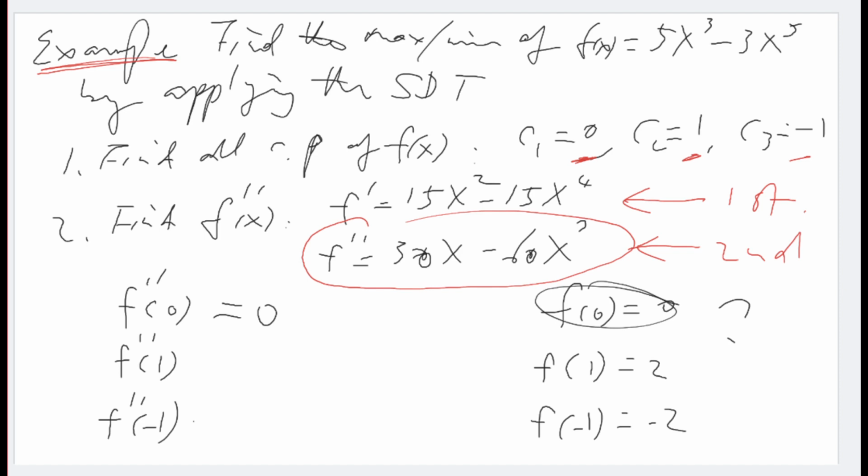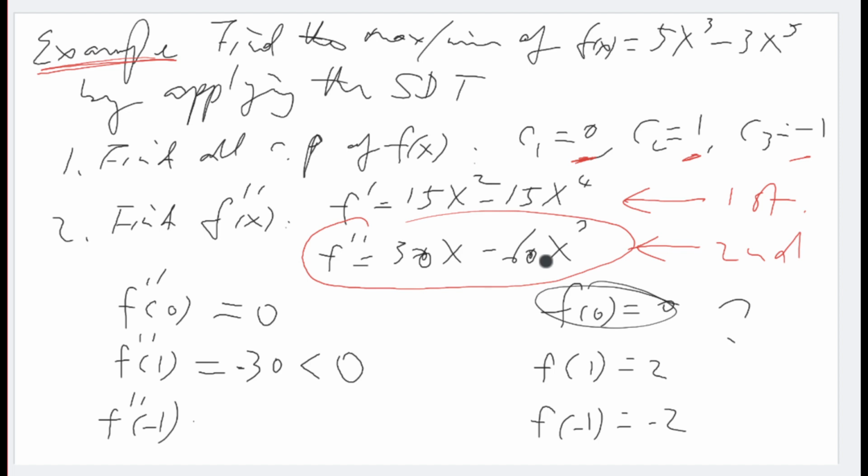Let's see at 1. At 1, of course, we're going to plug in 1 into the second derivative for x. Plugging in 1, it's going to be 30 minus 60, and that's negative 30. The exact value is not important, the sign is.